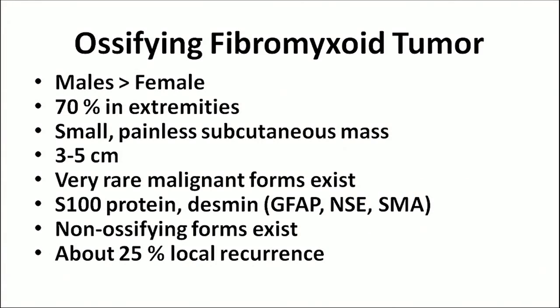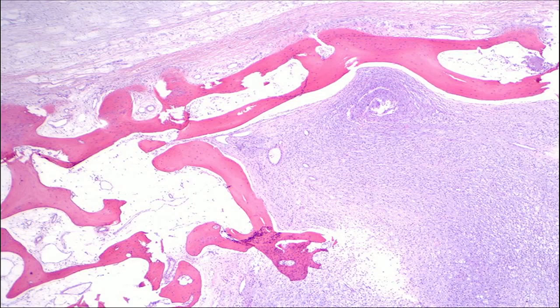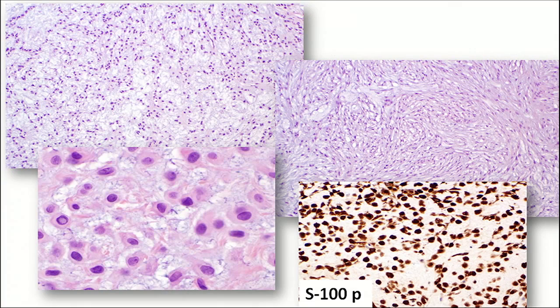So ossifying fibromyxoid tumor is not so common in the skin, but has a relatively newly described translocation, so I slotted it into the lecture anyway. Characteristically, they have bone around the outside. Sometimes the more superficial ones actually lack the bony component, and then you have a non-ossifying ossifying fibromyxoid tumor.